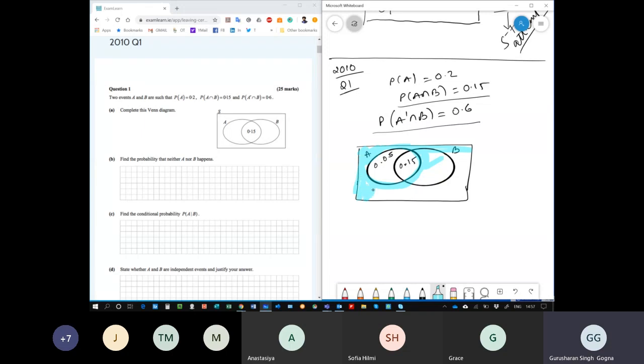So that's all A complement. Now intersection with B. So this is the intersection with B, and this is representing 0.6.